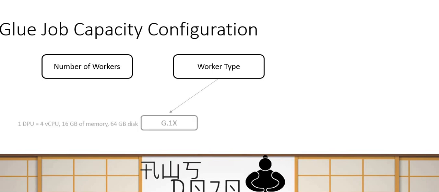In worker type, you can define 3 types of worker, but here I'm covering only G.1x and G.2x workers. You can also go for standard, G.1x and G.2x, but I'm trying to talk about some newer generations here. When you select G.1x, you're going for 1 DPU capacity, and 1 DPU has 4 vCPUs, 16 GB RAM, and 64 GB of disk.